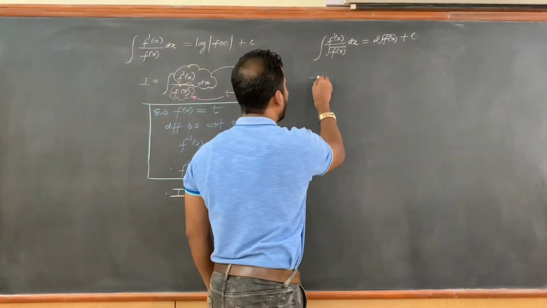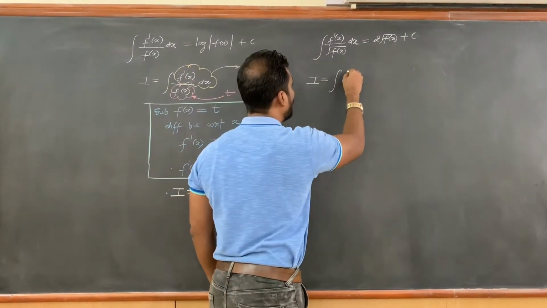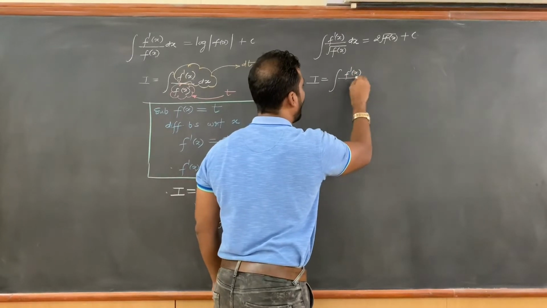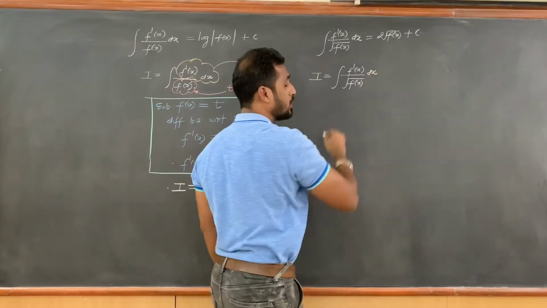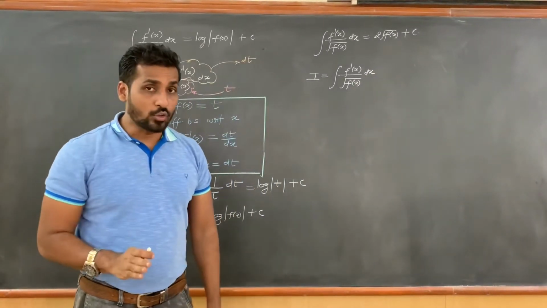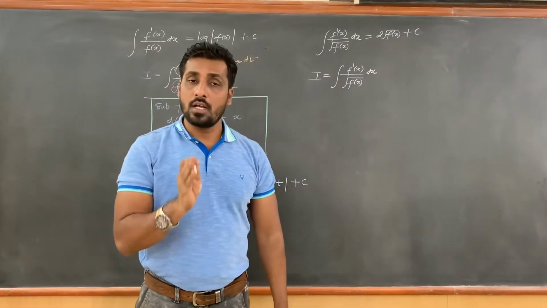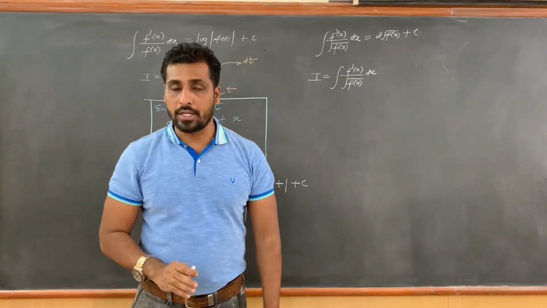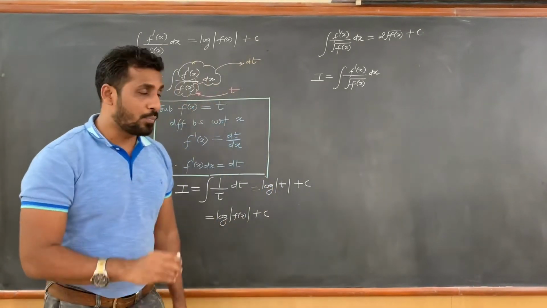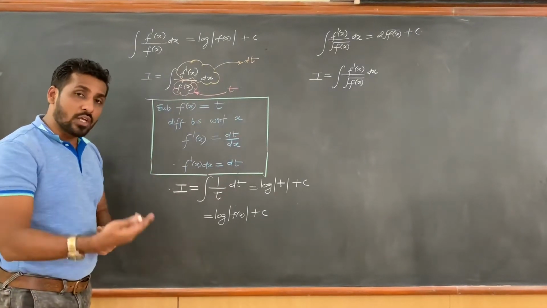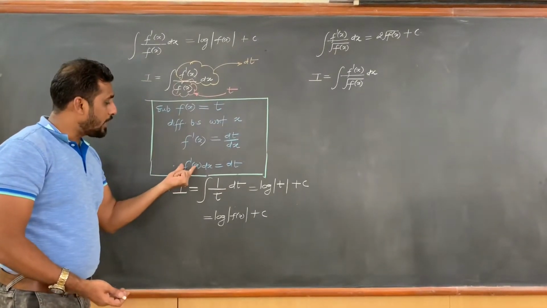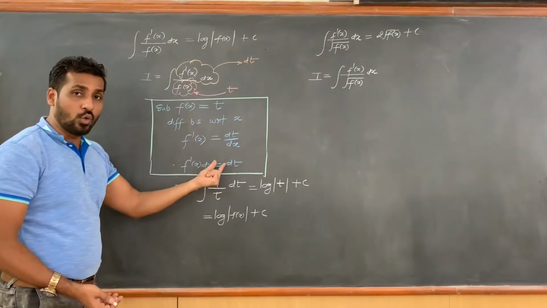So students, if I take I is equal to integration of f1 of x upon root of f of x dx, I'm going to make use of the exact same substitution that was used in my first corollary. In the first corollary, if you remember, what was f of x taken? It was taken as t, and then I differentiated it and got f1 of x dx equal to dt.